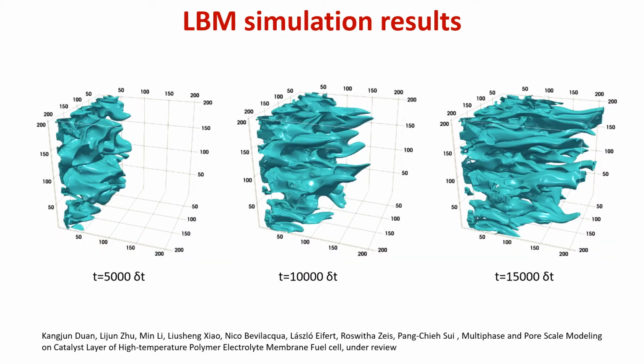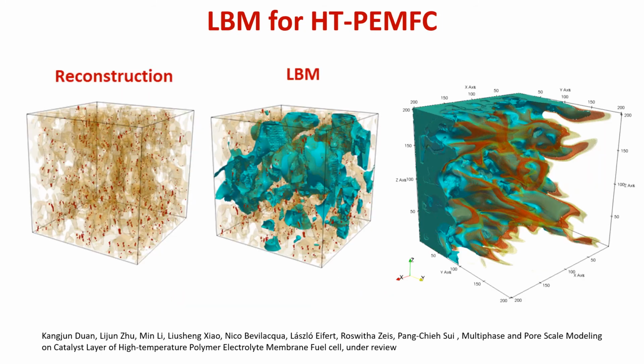Here's another example of LBM simulation, where it shows the penetration of phosphoric acid through a high temperature PEMFC catalyst layer at different times. For the case of high temperature PEMFC, only the catalysts covered by phosphoric acid are active sites.